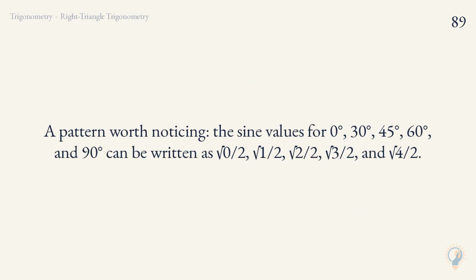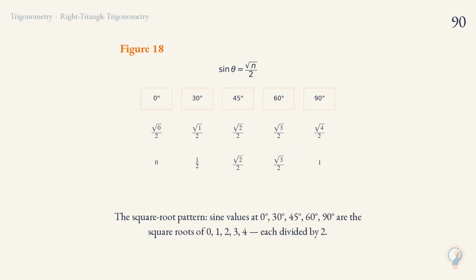A pattern worth noticing: the sine values for 0, 30, 45, 60, and 90 degrees can be written as square root of 0 over 2, square root of 1 over 2, square root of 2 over 2, square root of 3 over 2, and square root of 4 over 2. Figure 18. The square root pattern.